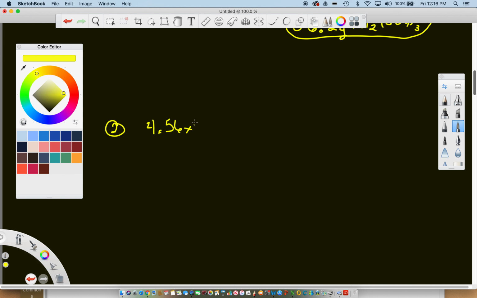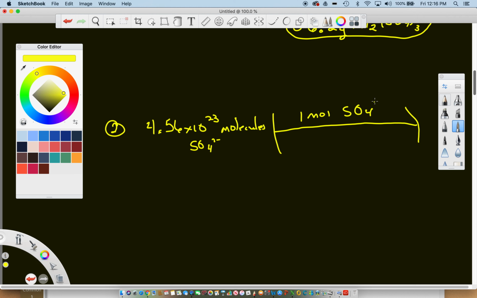4.56 times 10 to the 23rd molecules of sulfate. We can convert that to moles right away. 1 mole of sulfate is 6.022 times 10 to the 23rd molecules.